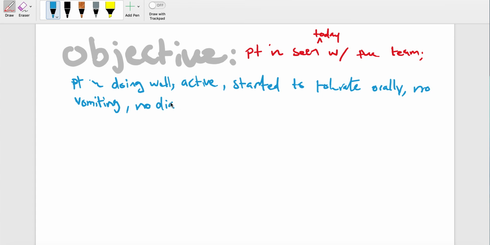So everything we ask the mother, the answers will be here. So no diarrhea, no cyanosis.